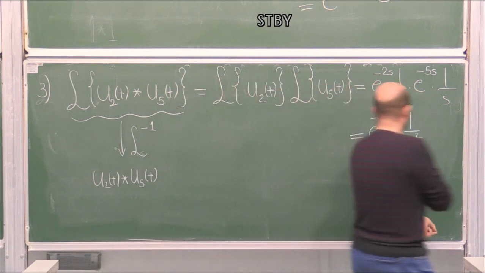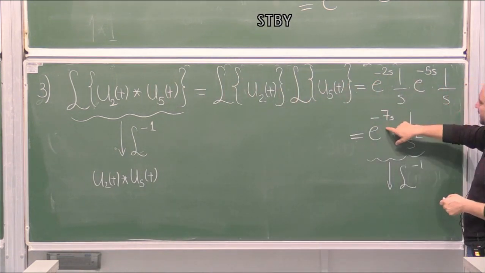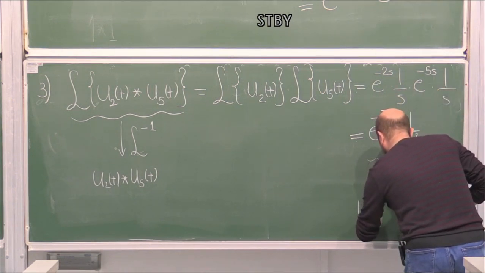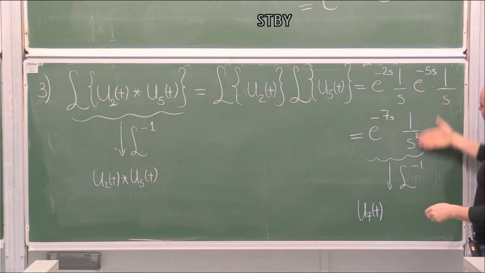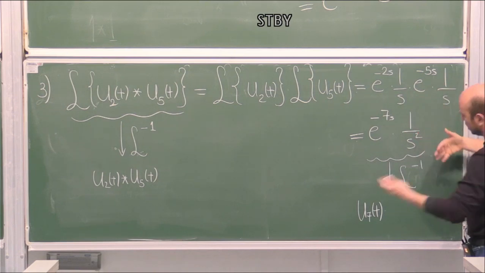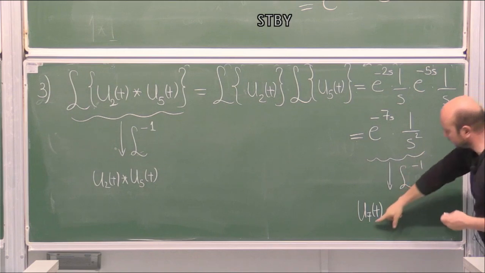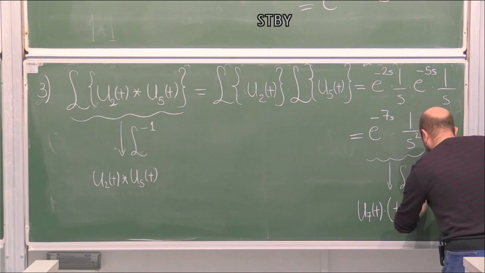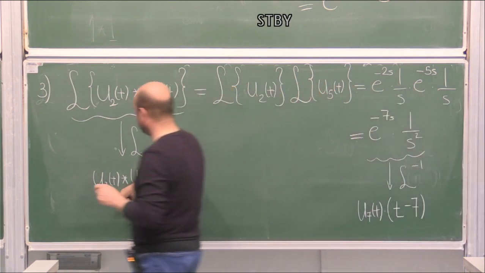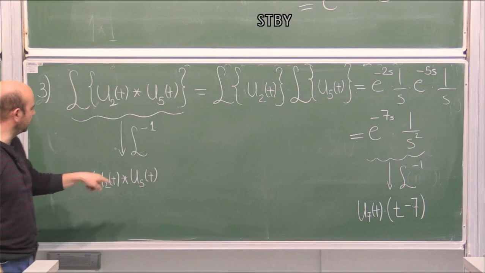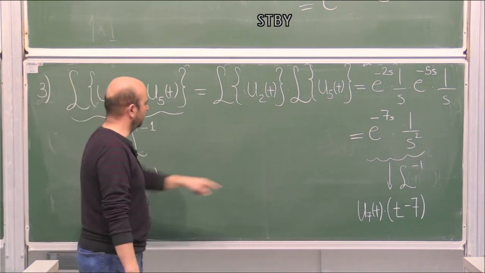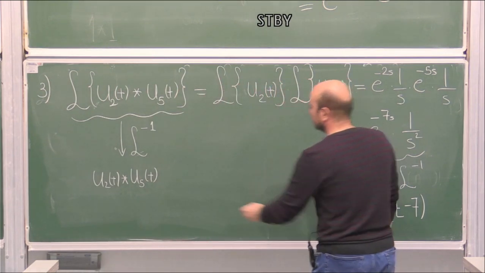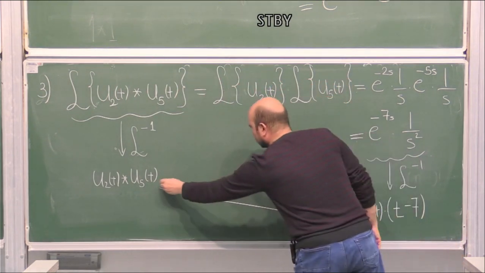If you apply the inverse to this, we know the e to the minus cs formula, so this will give us a step function, this time at 7, times the inverse of 1 over s squared, which is t, but it must be shifted by an amount of 7, so we get t minus 7. So the convolution of the two step functions u2 and u5 gives you this thing, so they are equal to each other.